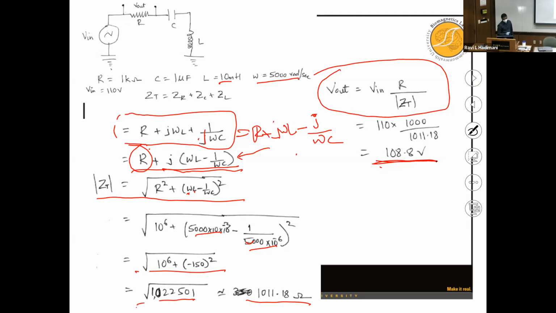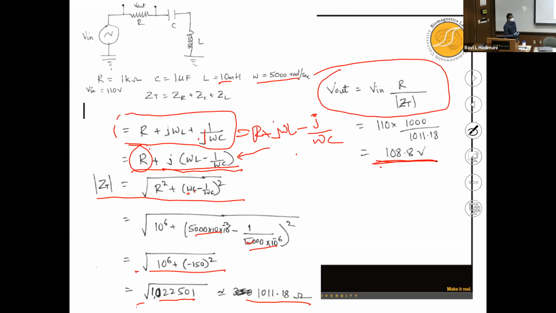Is this clear? Just by knowing how to handle complex numbers, you can solve circuits with AC components in them, that is, circuits with capacitors and inductors.